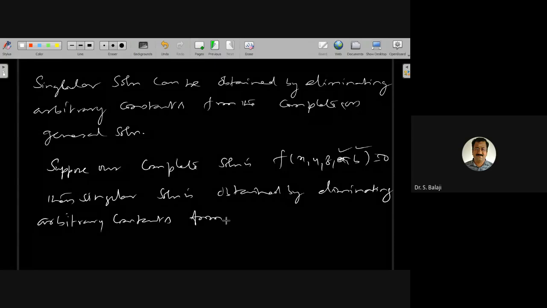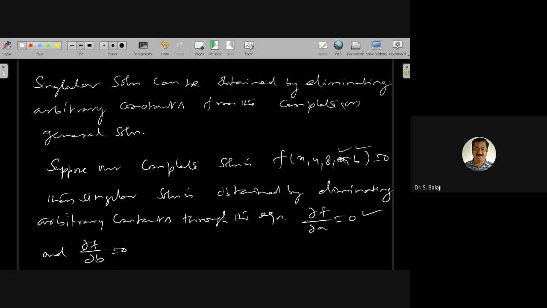We eliminate them through the equations ∂f/∂a equal to 0 and ∂f/∂b equal to 0.